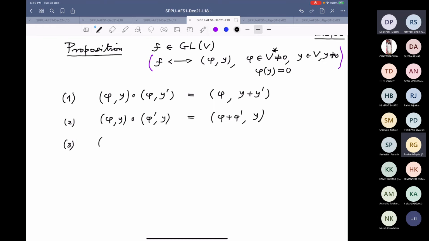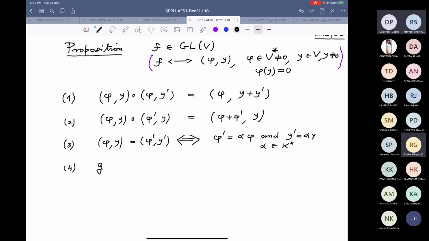Phi y equals phi prime y prime if and only if phi prime is a scalar multiple of phi, and y prime will be the same scalar multiple of y, where alpha is a non-zero element in K cross.